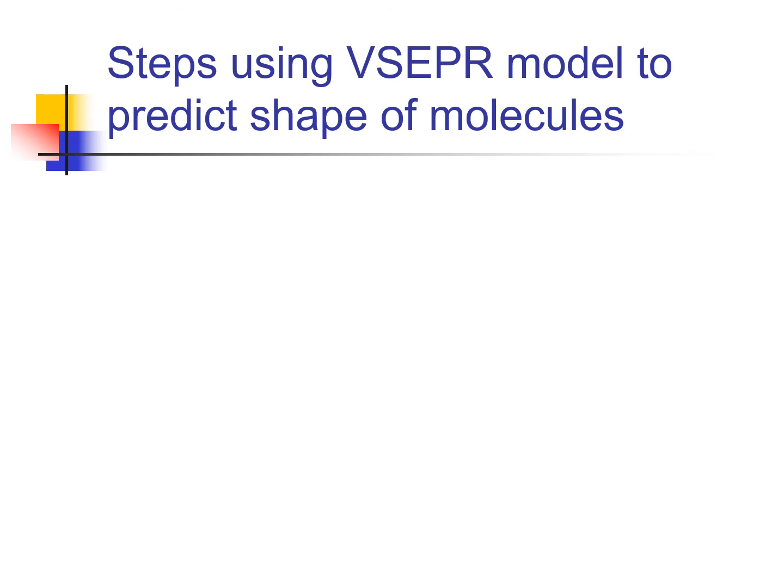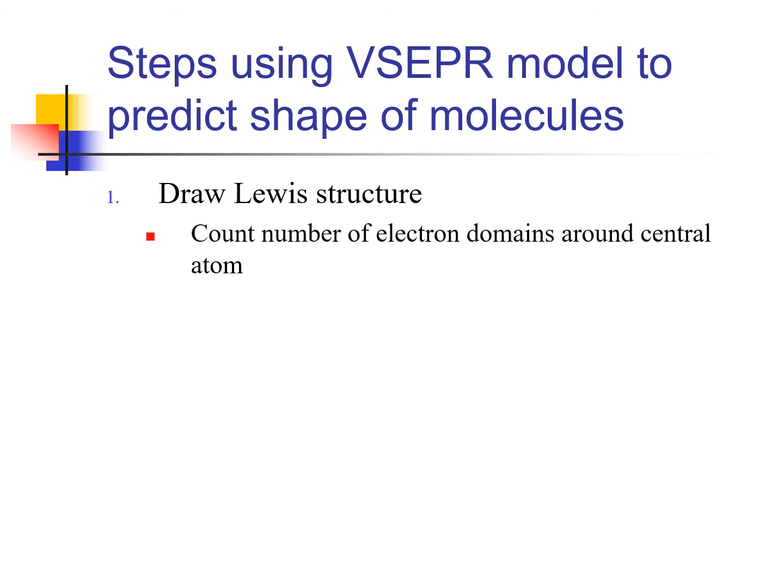So, steps for using VSEPR to predict the shapes of molecules. 1, you have to have the Lewis structure, because without the Lewis structure, we can't figure out the number of electron domains. There's no shortcut here. Take your time and make the Lewis structure, period. Then count up the number of electron domains around that central atom.